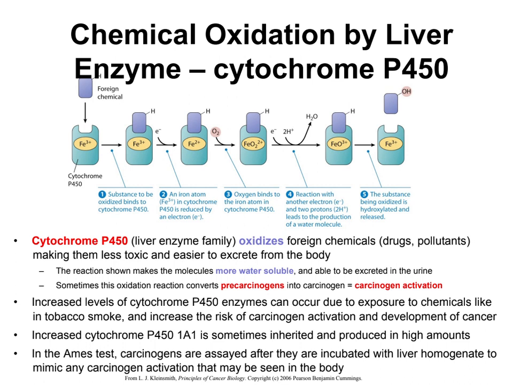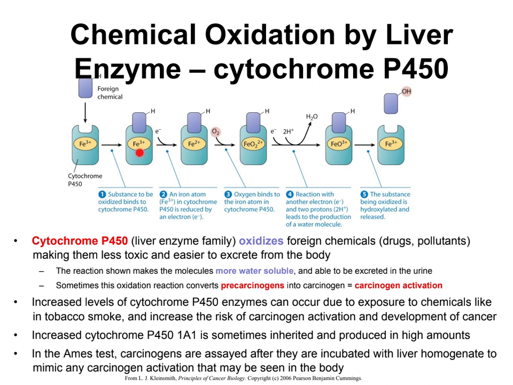So what happens, you have step 1, the substance binding to cytochrome P450. Step 2, an iron atom in cytochrome P450, so it's part of the enzyme group, is reduced by an electron. So we see the electron coming in.